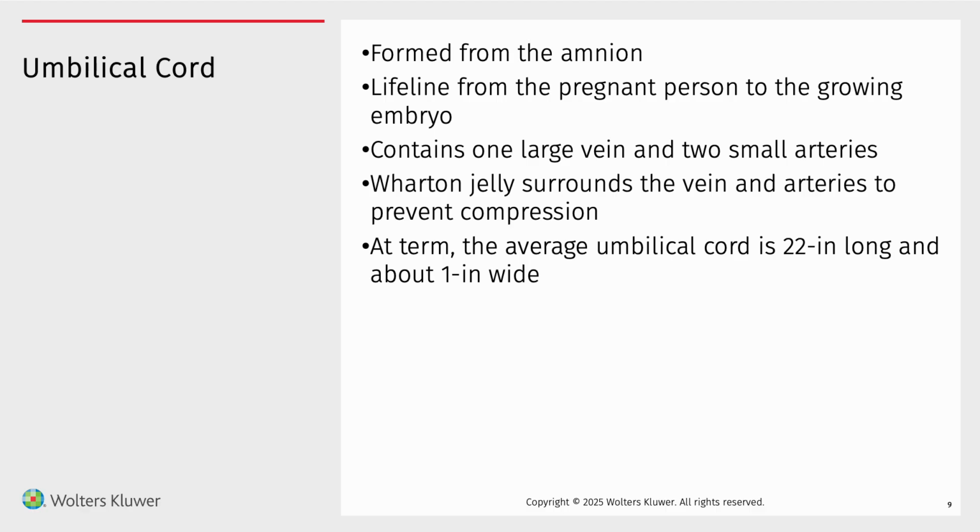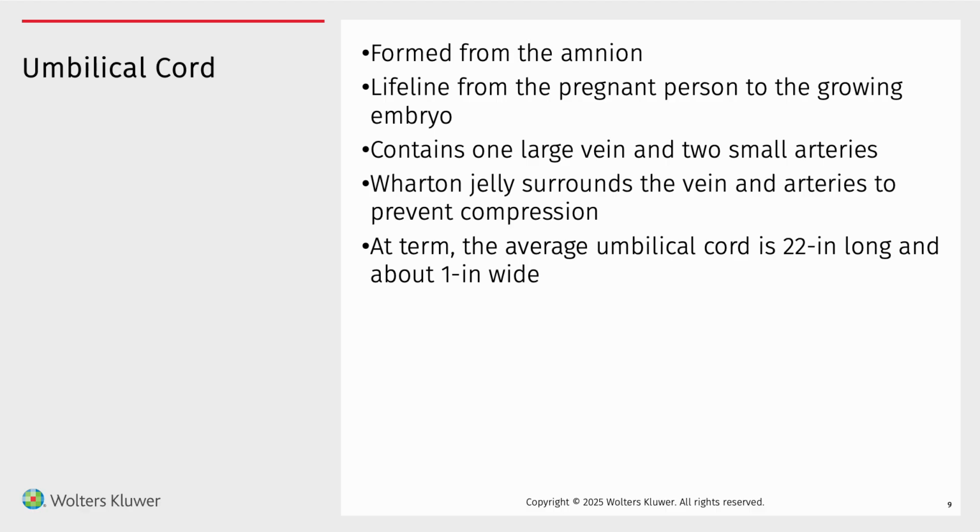So are you wondering, what does this cord look like? So the cord dimensions at term are an average length of 22 inches, which is 55 centimeters. That's how long it is, and the average diameter is 1 inch. So that's about 2.5 centimeters. Okay. So what is the clinical application here?